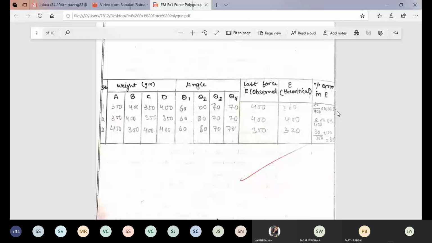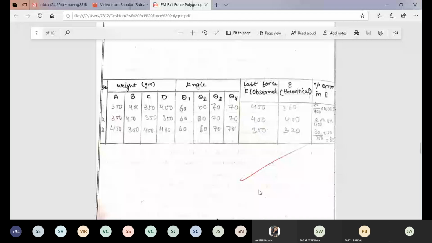So what you have to do right now is make the polygon with these readings. The readings that I have shown here, you just take the 3 readings and make the polygon here, because I have already explained you. And when you will be in the university, you will be doing the practical there again, and you just cross verify whether these values are coming there or not.